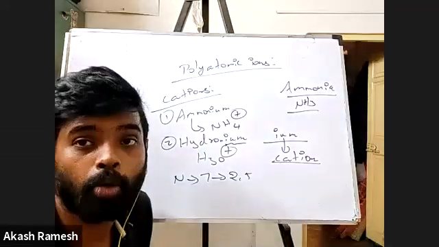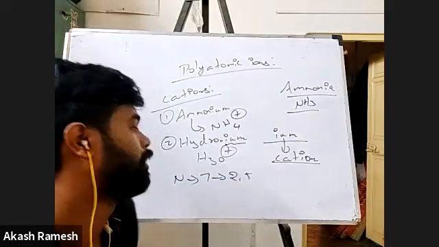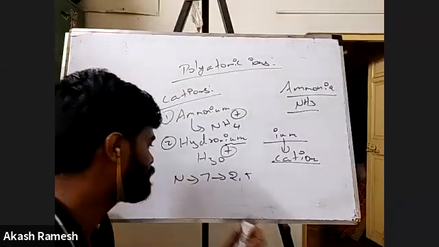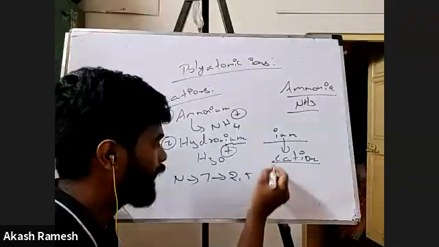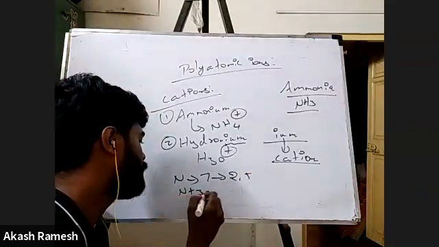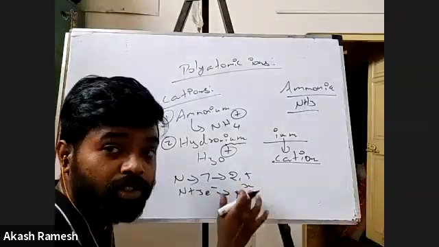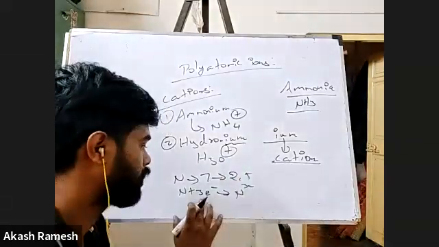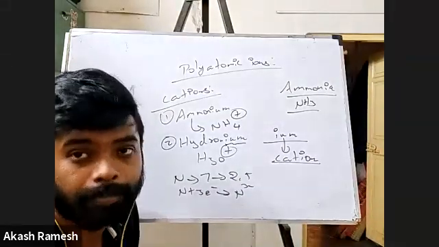It will be 2, 5. If it's 2, 5, for it to satisfy octet, it has to accept 3 more electrons. So nitrogen will accept 3 electrons to form N3 minus. Because 3 electrons are accepted, it is going to form 3 minus.